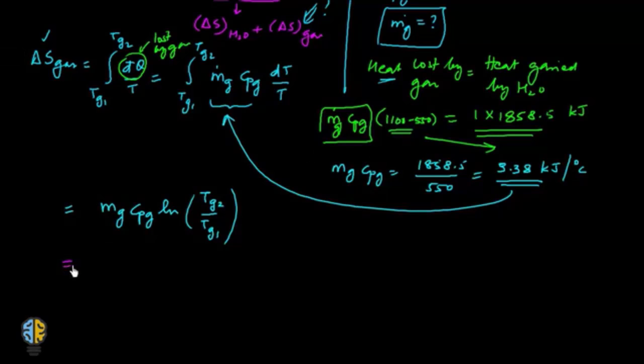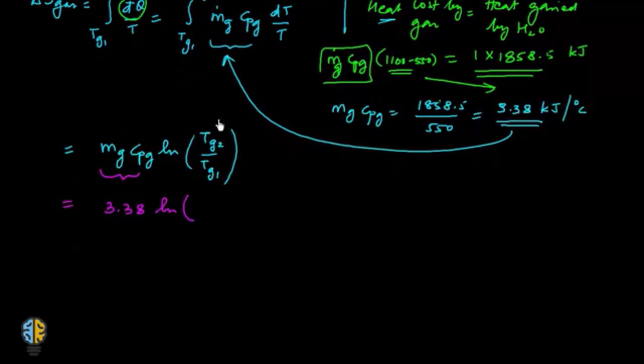So this complete value is given to us as 3.38 into natural log. Now Tg2 is how much? 550 degrees Celsius, and Tg1 is 1100 degrees Celsius. So the Kelvin equivalent is 823 for 550, and for 1100 it is 1373.